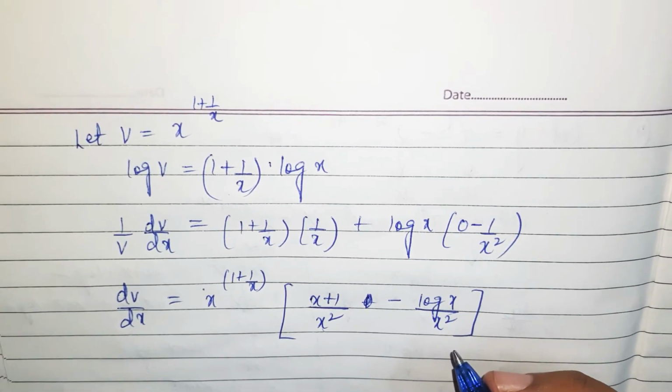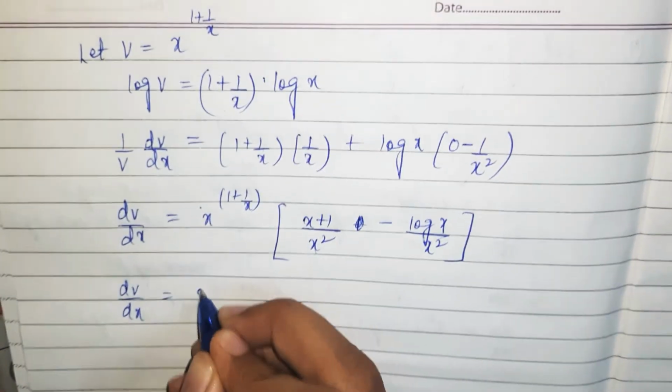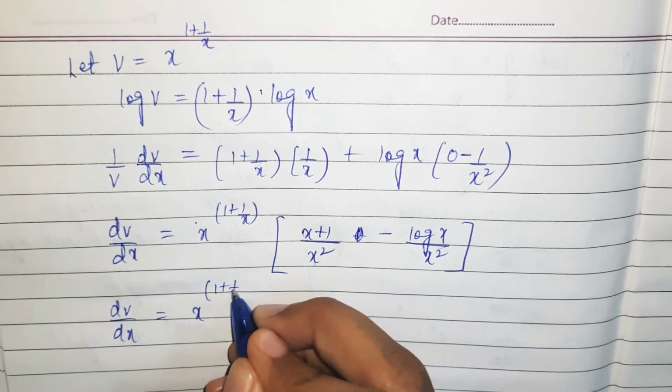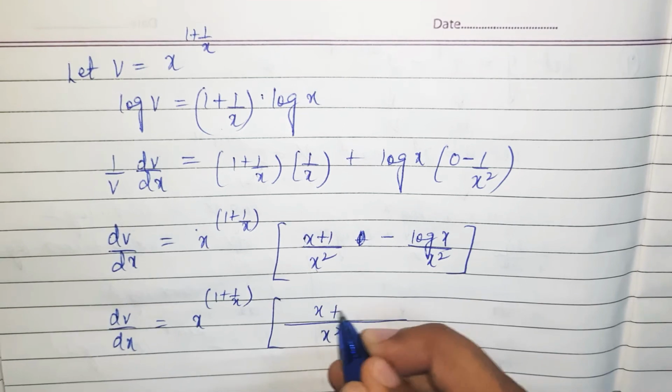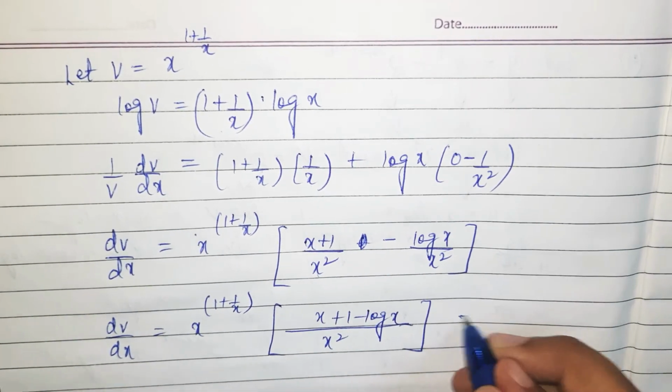So finally dv/dx is x^(1 + 1/x), and if I take LCM, (x + 1 − log x)/x². So this is your second.